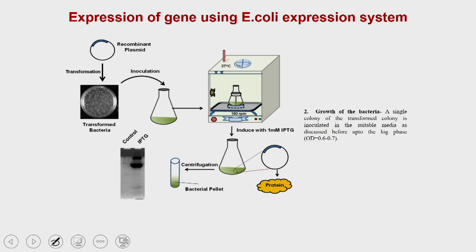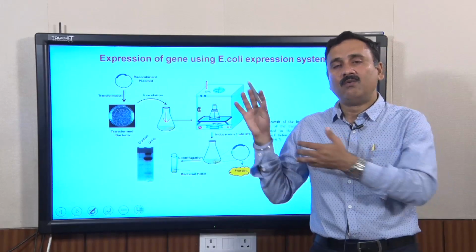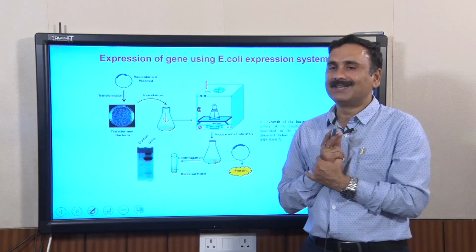Then in the second step you are going to grow them. What you will do is take a few colonies from this transformed plate and inoculate them into the growth media. We have also discussed different types of growth media which you can use for growing E. coli cells.